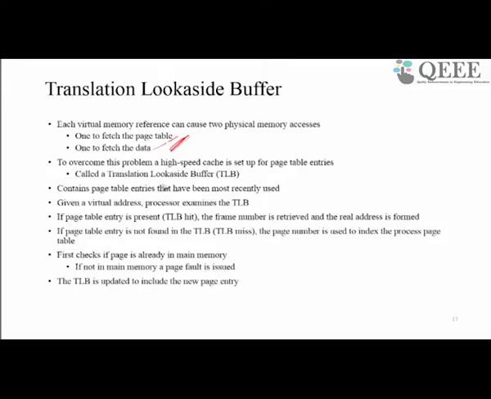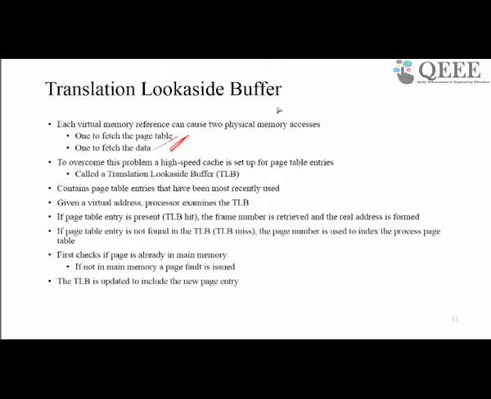Instead, what we can do is, once a virtual page number is converted to a physical page number, this mapping can be stored in a high speed memory, so that this mapping can be used until it changes or until this virtual page is removed from the main memory.